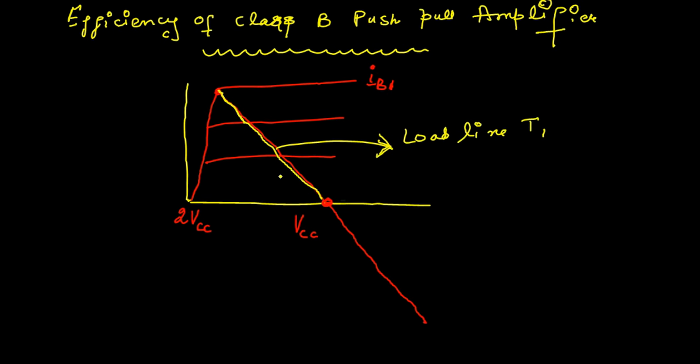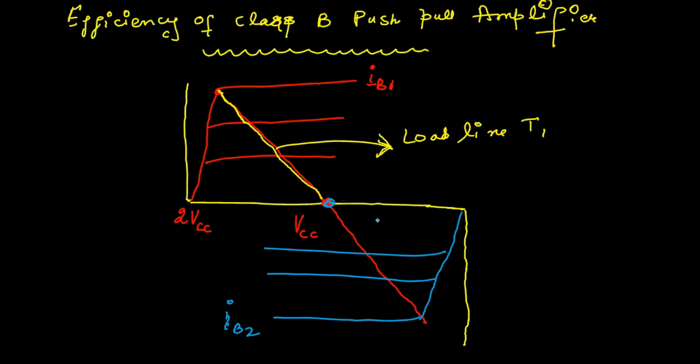Load line of T1 above and load line of T2 below. So this is for the second transistor.